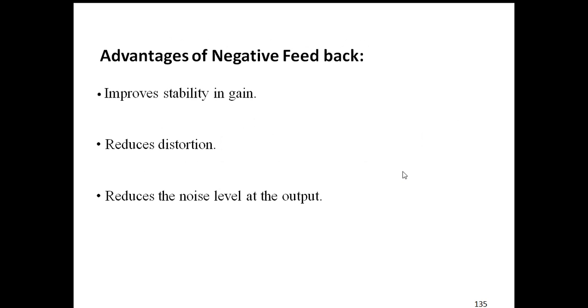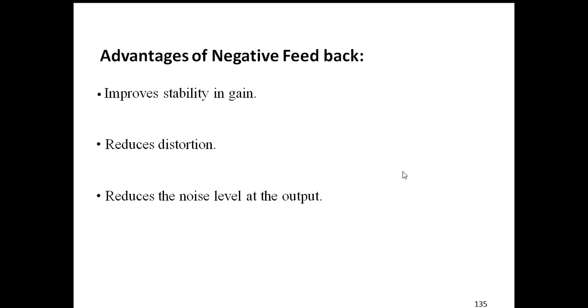So what are the advantages of negative feedback? If a lecturer gets negative feedback from the students about in what way his lecture is inefficient, those things can be corrected. Therefore, stability will increase.